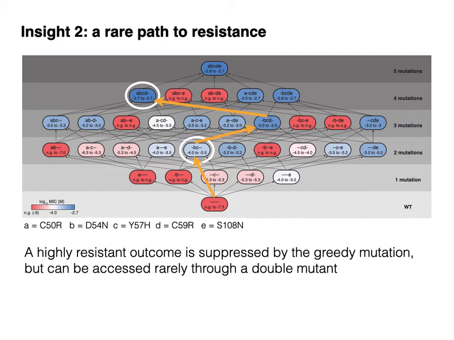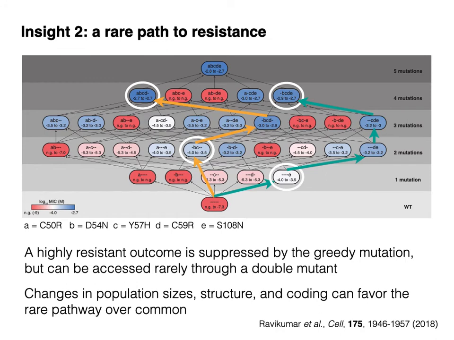This allowed those evolution experiments to follow a different path to high resistance, hitting different mutants on this map that could not be accessed if we first fixed S108N. So our second insight was that the highly resistant outcomes that do not have S108N are indeed accessible, but are usually suppressed through clonal interference by the greedy S108N first mutation.